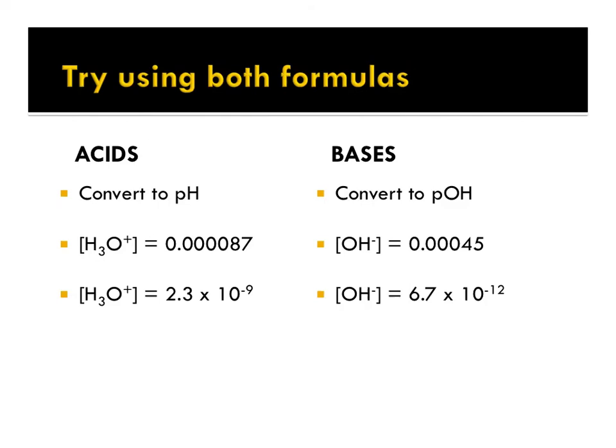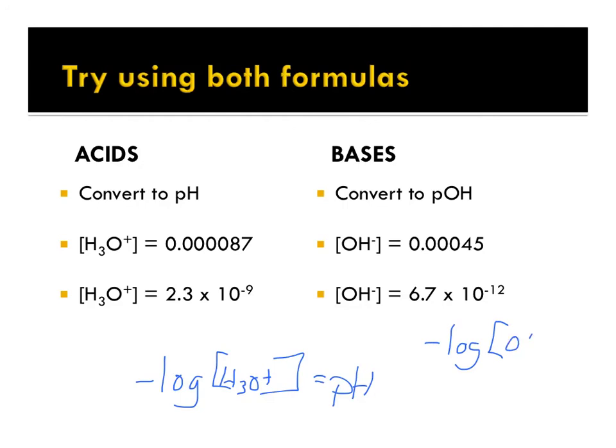Okay, so converting all of these, again, we're going to do that equation of negative log of your concentration, and this equation works for both acids and bases. If I put the H3O plus concentration here, then I'm getting pH. If I do negative log and I put an OH minus concentration in here, then I'm getting pOH.